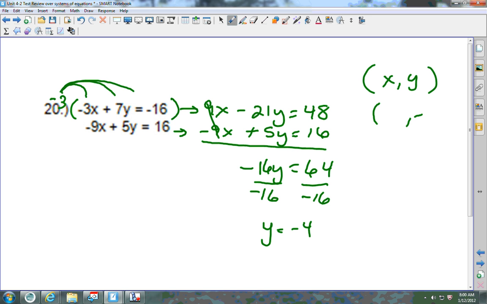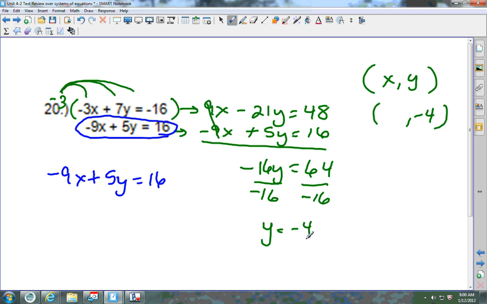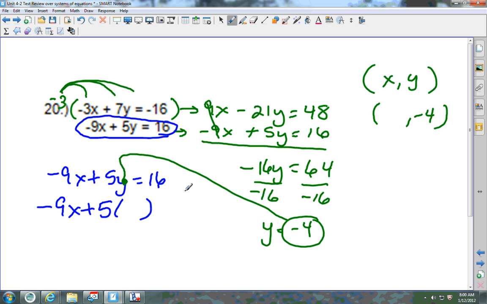So my solution, remember it's x then y. I know my y is negative 4. Now we need to find the x. Choose one of the two equations. I'll go ahead and choose this bottom one. So I have negative 9x plus 5y equals 16. Y is negative 4, so I'm going to put this in for y. I get negative 9x plus 5 times negative 4 equals 16.